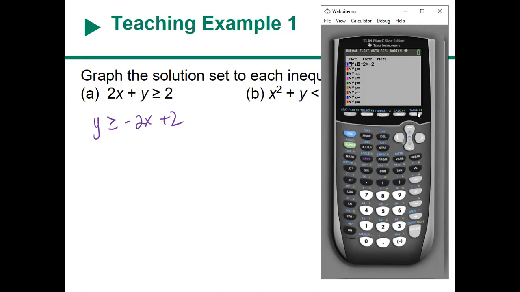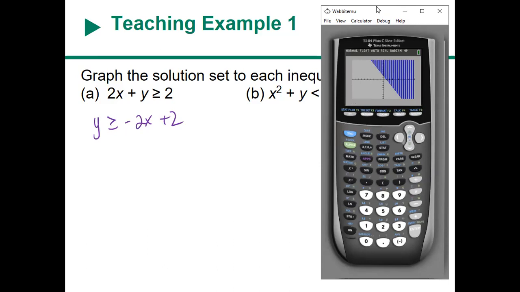And so when I hit graph, it's going to graph my line and then graph the shaded part. So that's graphing inequalities using technology.